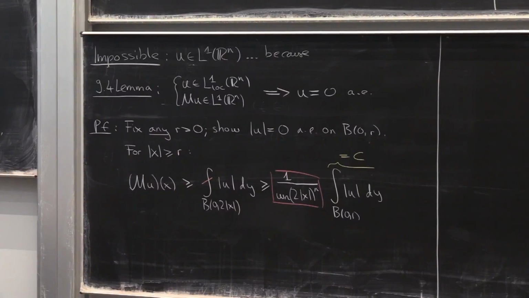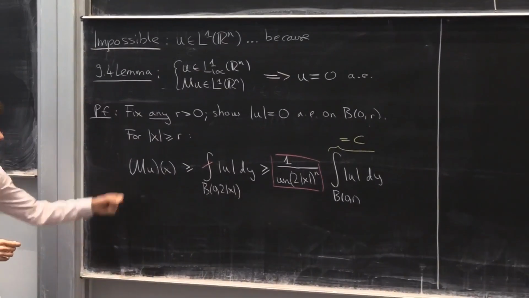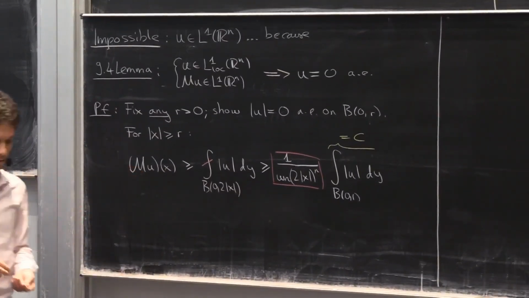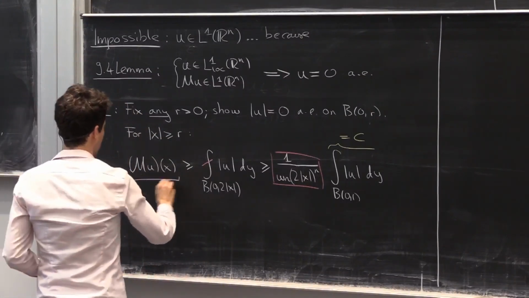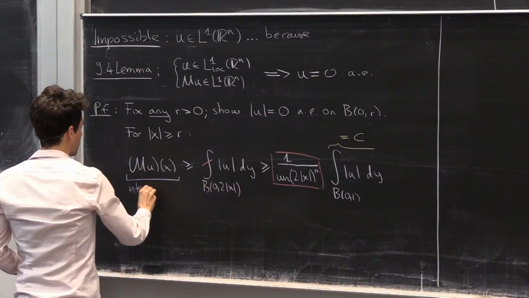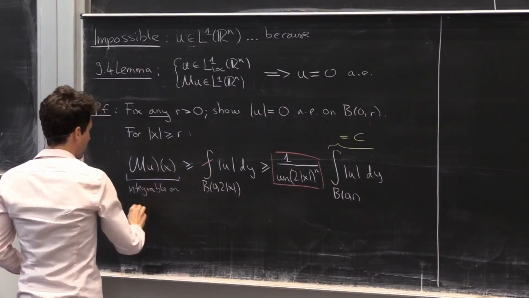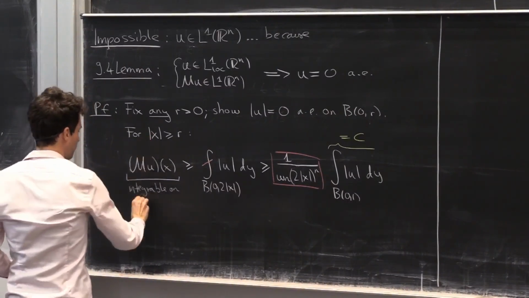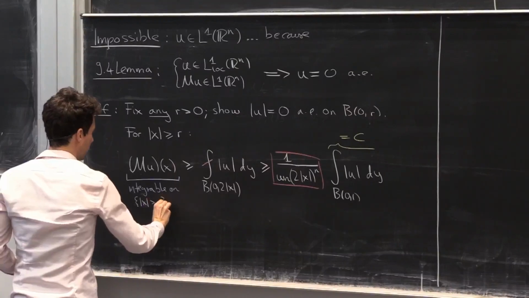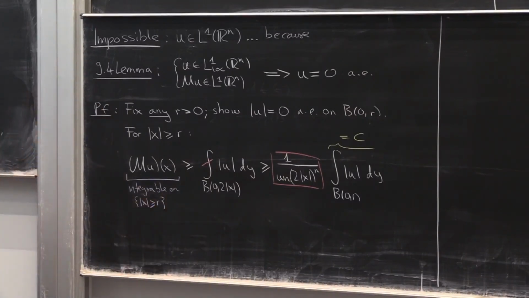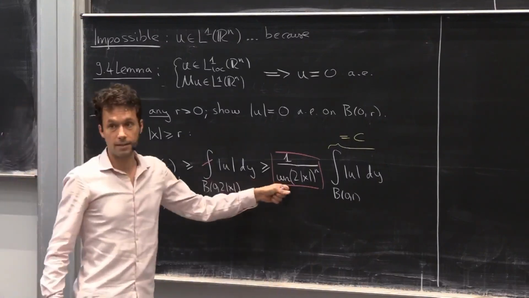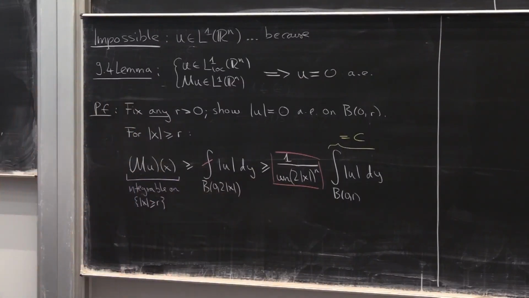Now you see, this function here is integrable by assumption. On the set of admissible x, so the set of all x, the norm of which is larger or equal to 0. By this guy, this is 1 over absolute value of x to the n. This is the critical power that's neither integrable at the origin nor at infinity.